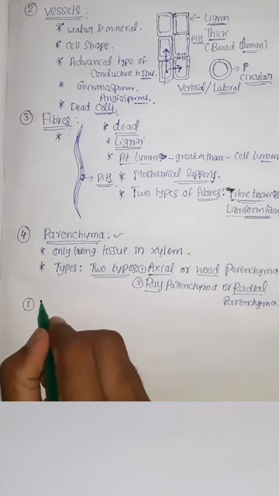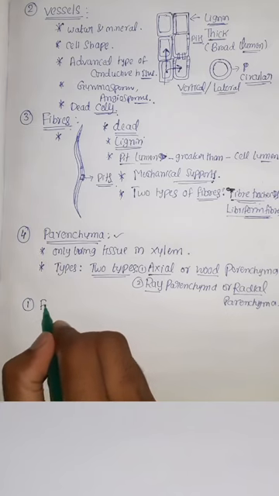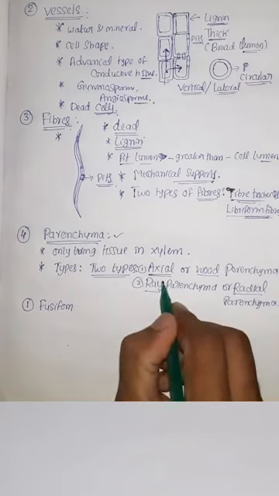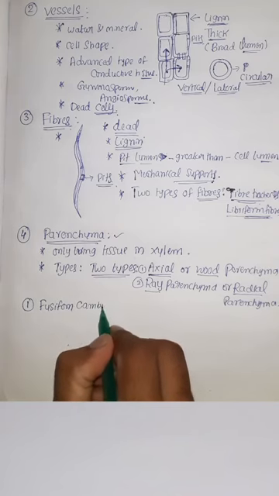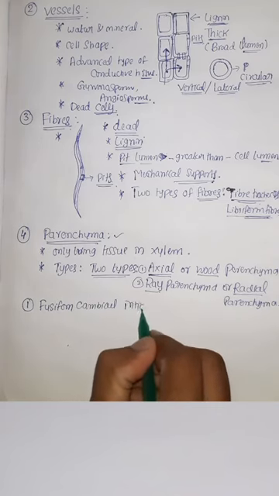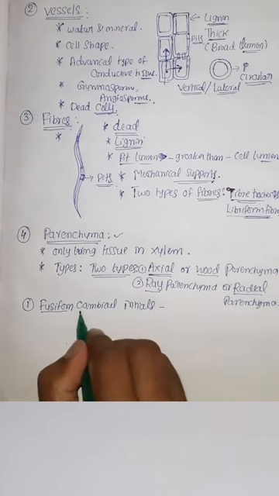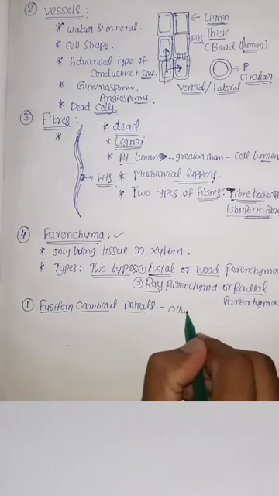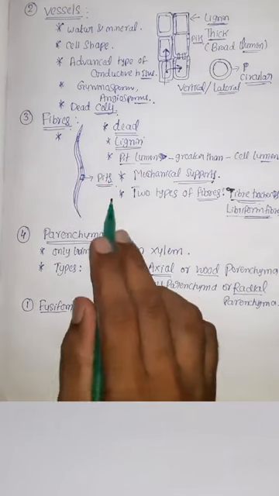Coming to the first type, axial parenchyma, this is derived from fusiform cambial initial cells, along with the other tracheary elements, meaning tracheids, vessels and fibers.